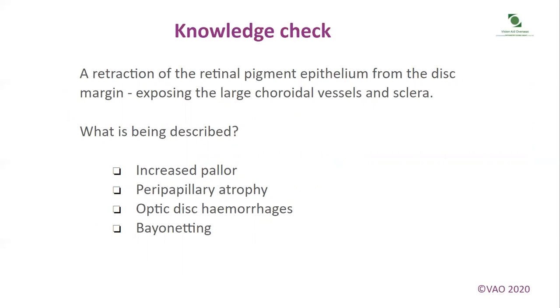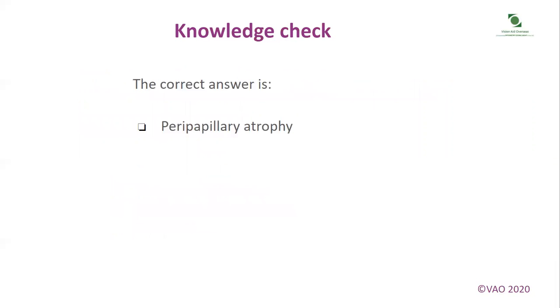A retraction of the retinal pigment epithelium from the disc margin, exposing the large choroidal vessels and the sclera, is described as increased pallor, peripapillary atrophy, optic disc hemorrhages, or bayoneting? Well, the correct answer is peripapillary atrophy.